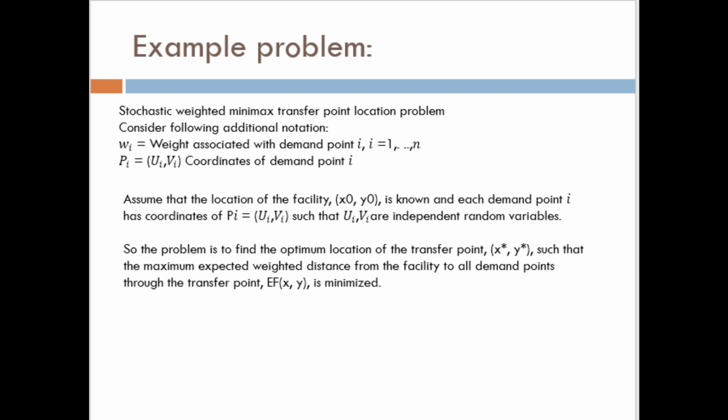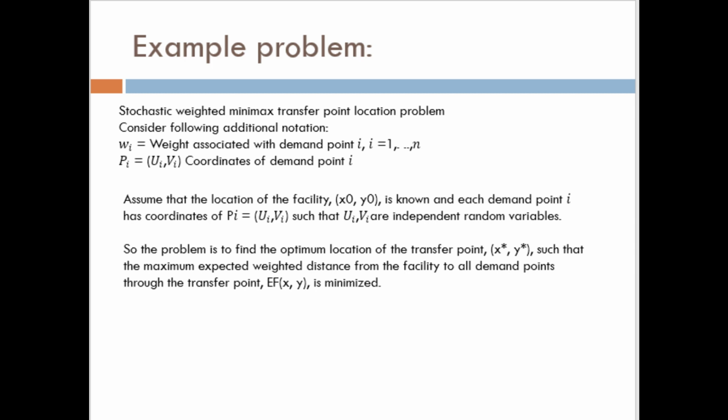We use the expected value approach to formulate the problem. So the problem is to find the optimum location of the transfer point such that the maximum expected weighted distance from the facility to all demand points through the transfer point, E of f of x, y, is minimized.